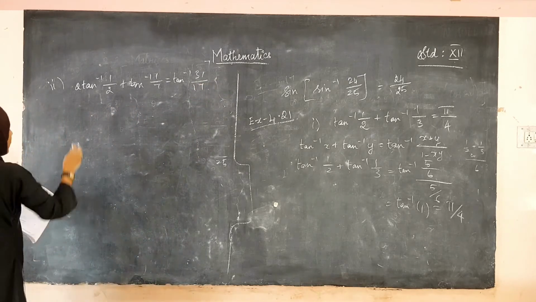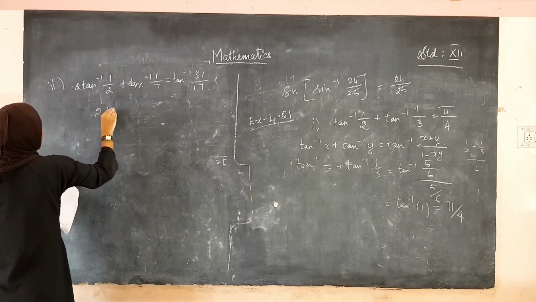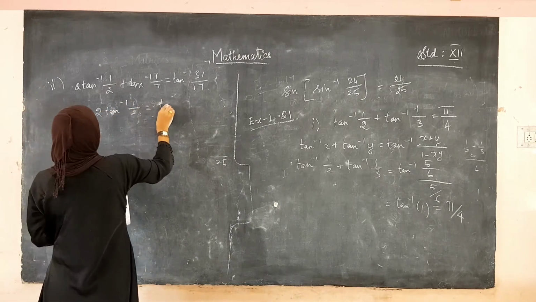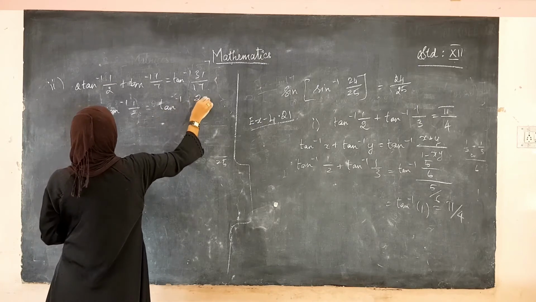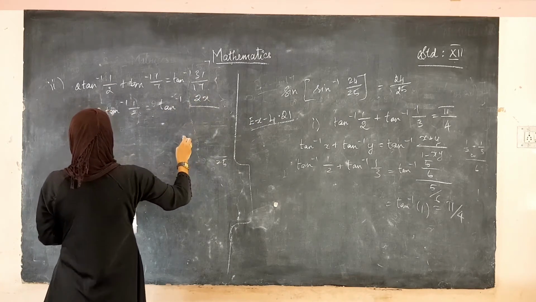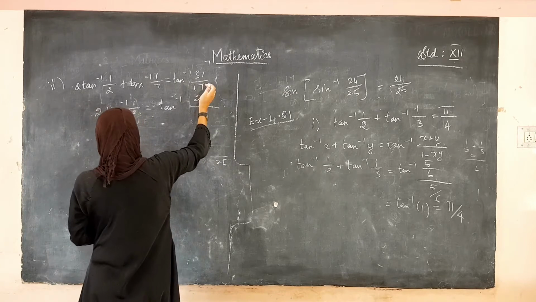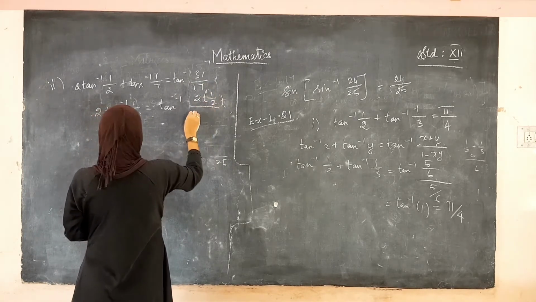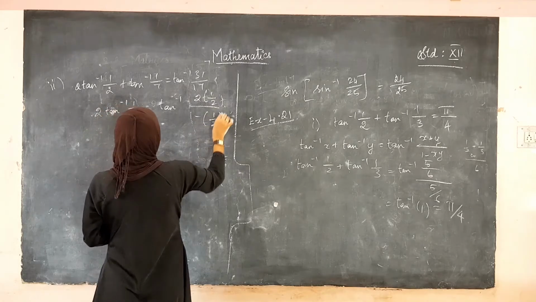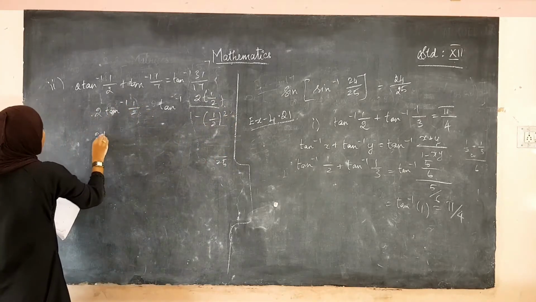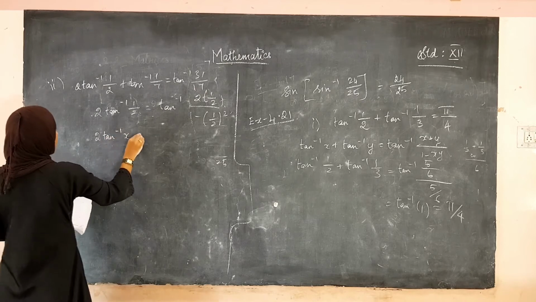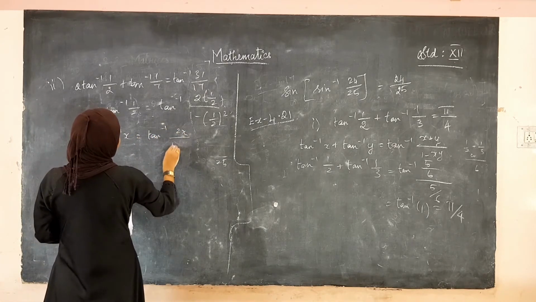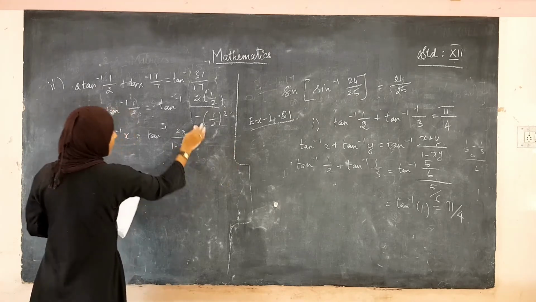There is a formula. 2 into tan inverse of 1 by 2 can be written as tan inverse of 2x divided by 1 minus x square, with x as 1 by 2, because we already know the formula 2 into tan inverse of x is equal to tan inverse of 2x divided by 1 minus x square. Using this formula we are evaluating this.